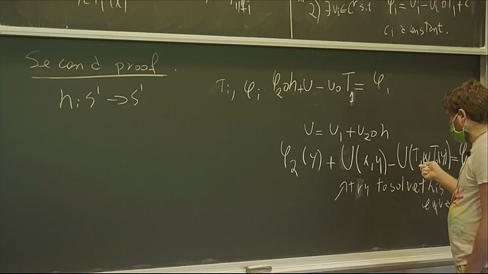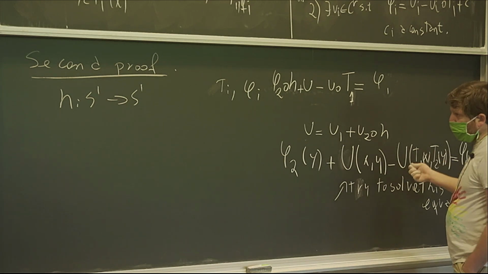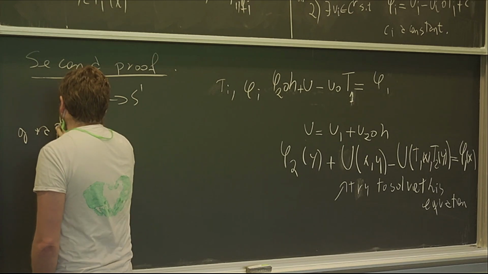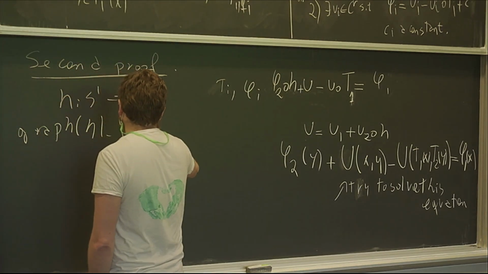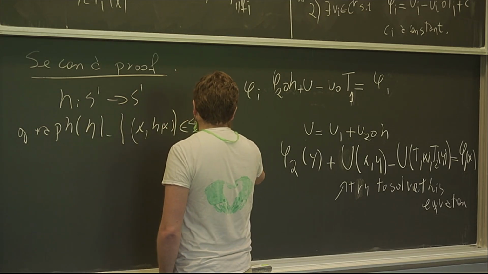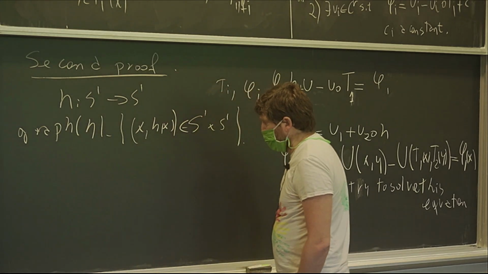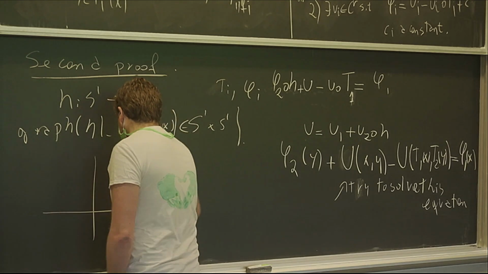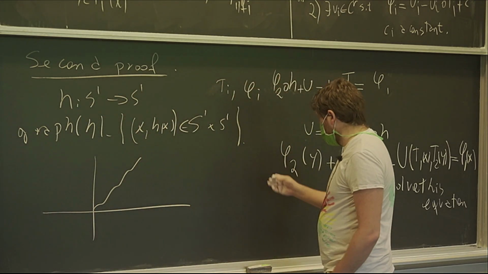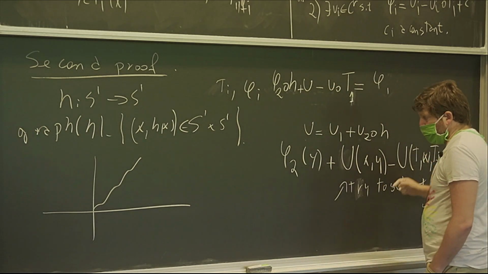But you know you can solve it to some extent, which is on the graph. You have the graph of H, which are all the points (x, h(x)), in the circle times the circle. There is a graph of H, which is an invariant set for these product dynamics.